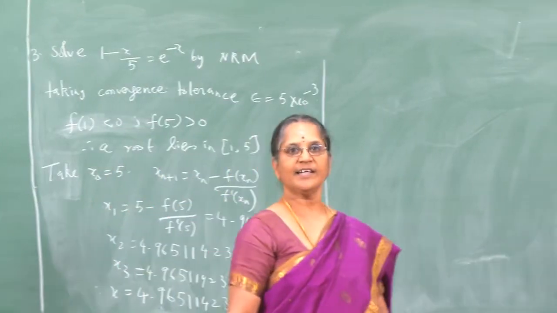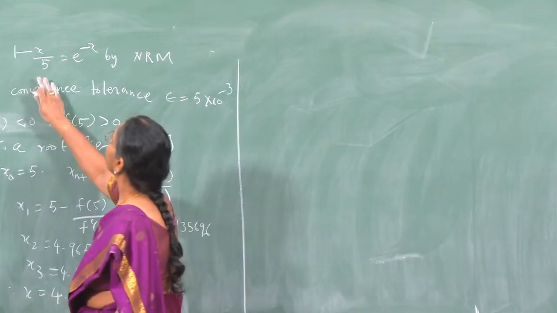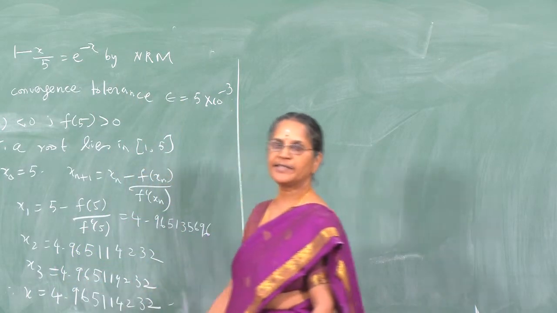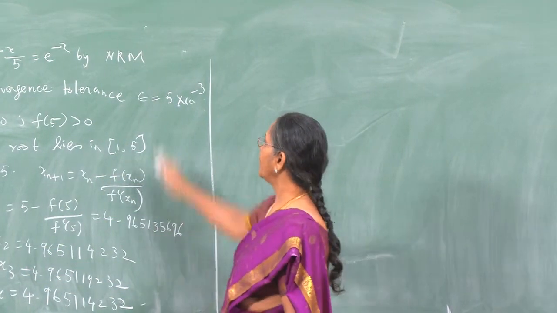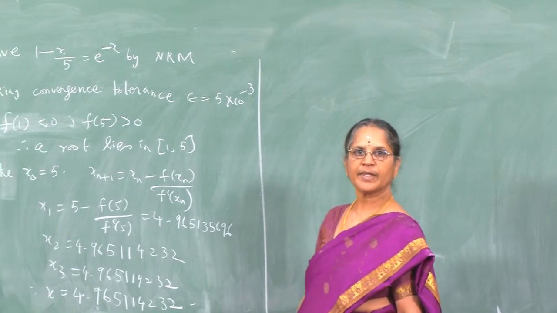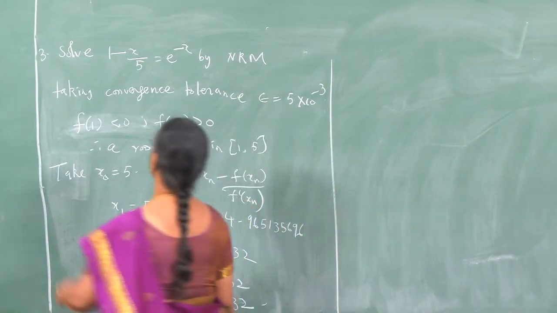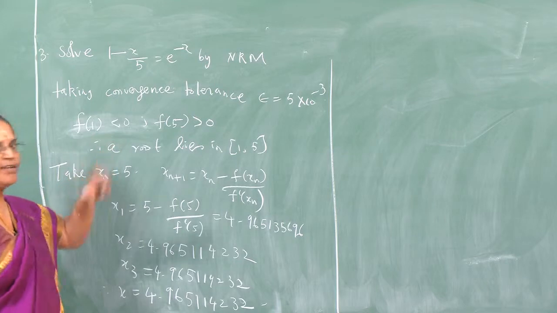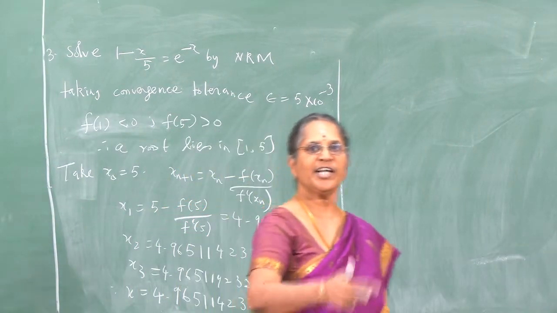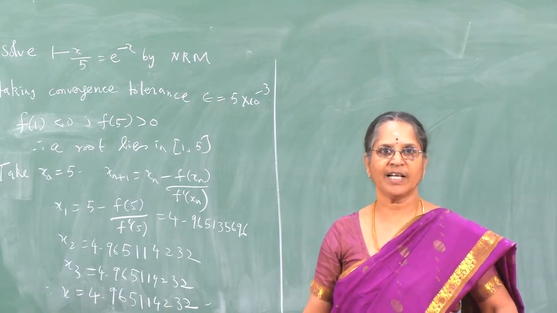Let us now consider this problem of solving the given equation by Newton-Raphson method, taking convergence tolerance epsilon as 5 into 10 to the minus 3. So, given f of x is equal to 0, we determine an interval within which a root lies, so that our initial approximation will lie within this interval.